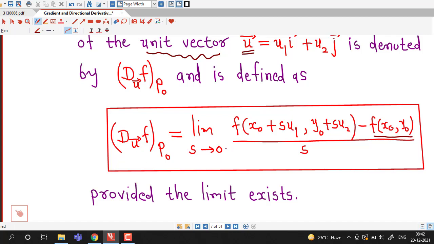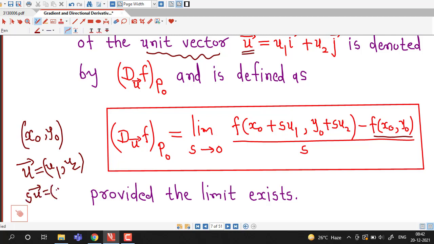So this is the definition of directional derivative at point p0, which is ordered pair x0 y0, in the direction of unit vector u bar, which is ordered pair u1 u2. So we have multiplied this unit vector by s and we have s times u1, s times u2, and we are adding these two vectors.